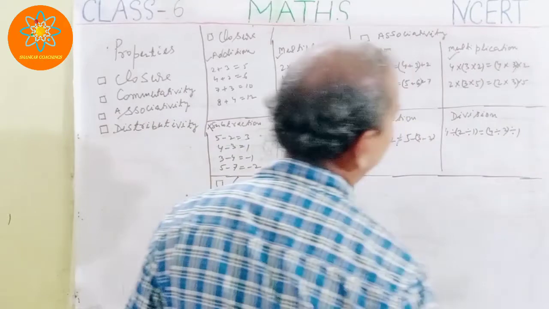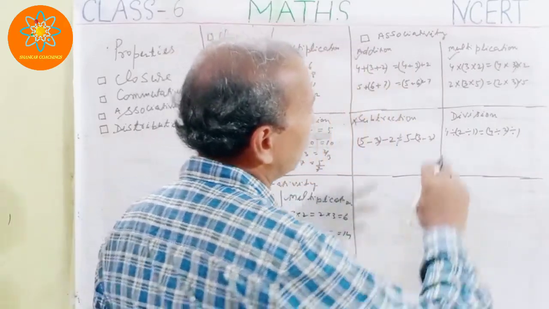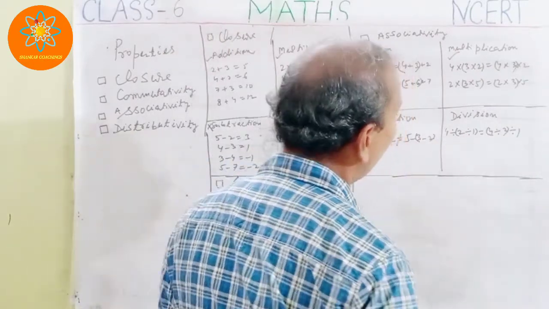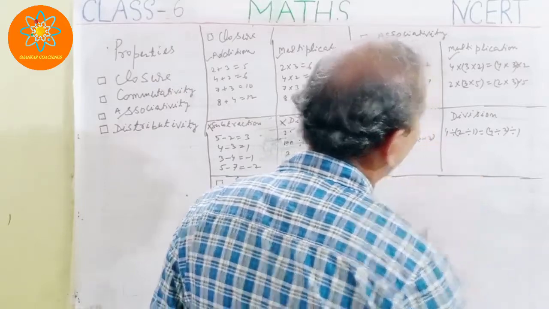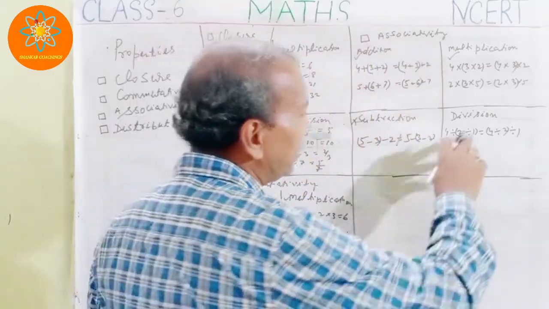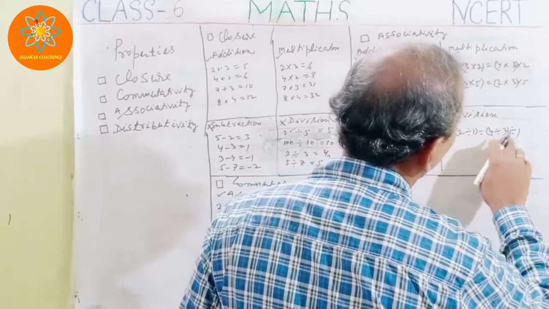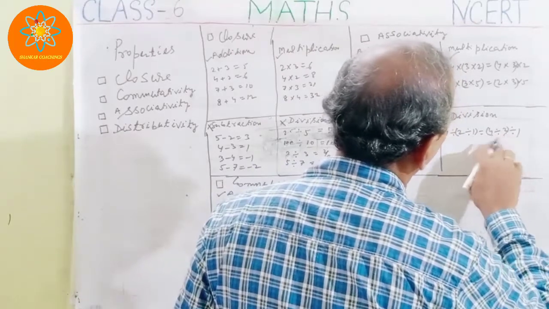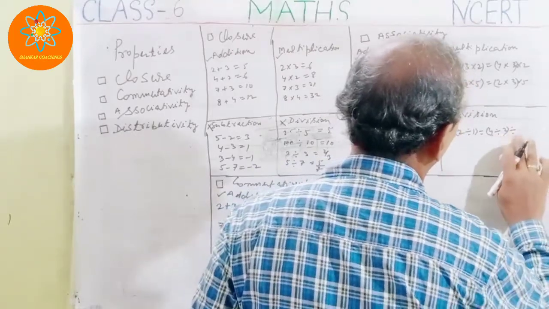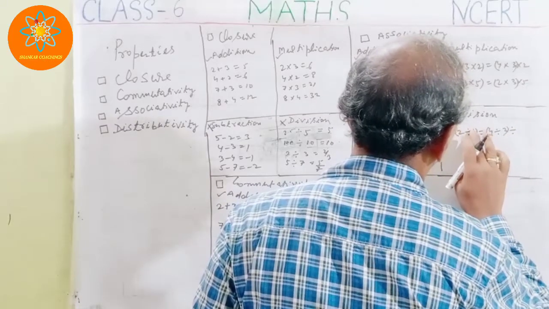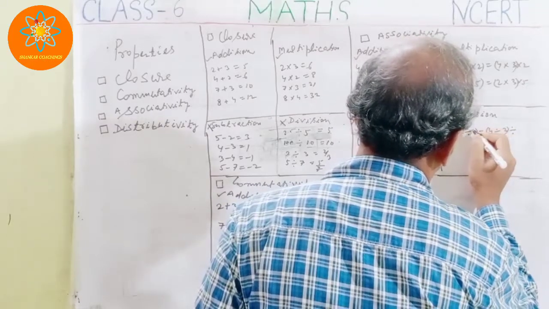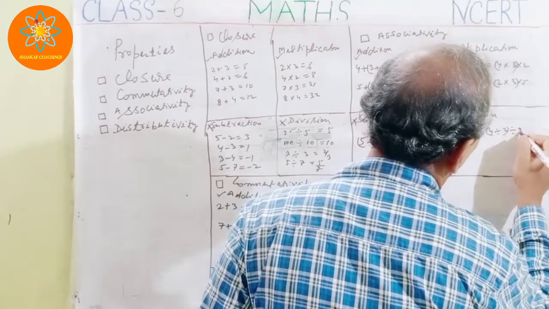I am just changing the bracket. So 2 divided by 1 is equal to how much? 2, and 4 divided by 2, that is 2. In this case, how much? 4 divided by 2, that is 2, and 2 divided by 1. Later I will take another data here. Instead of 2, let's suppose I am taking 3 here, and here also 3.